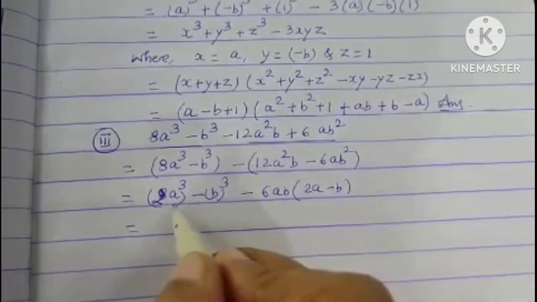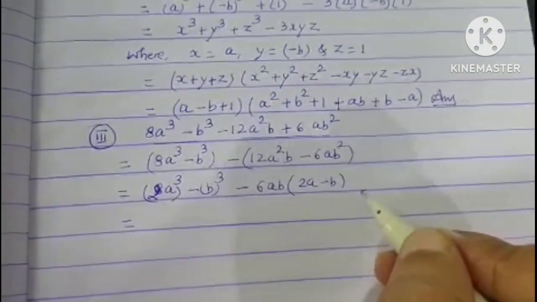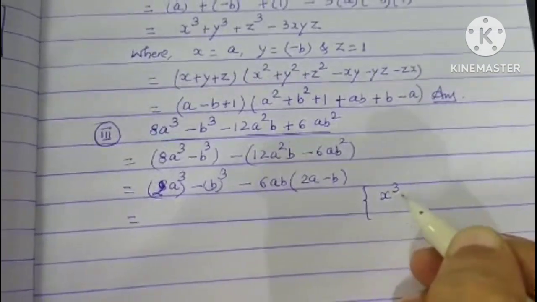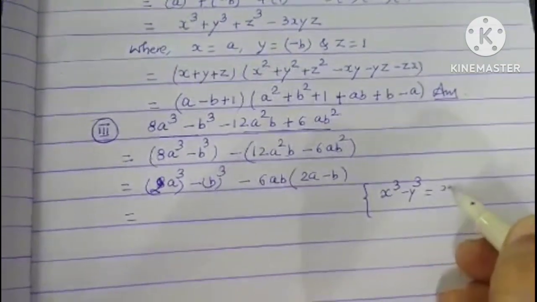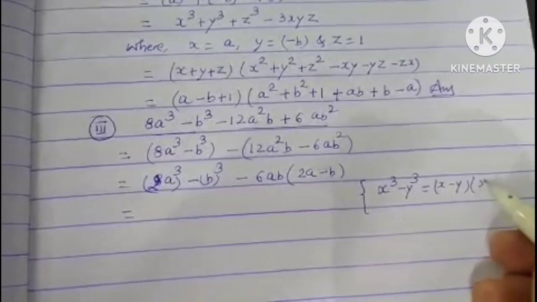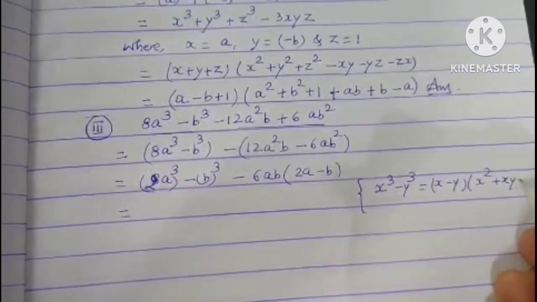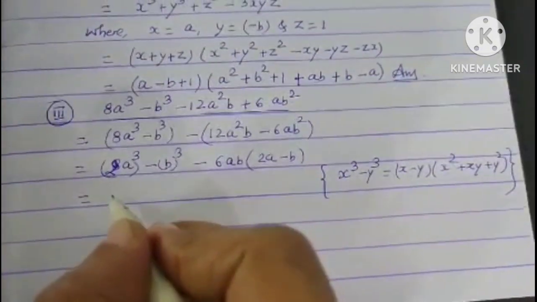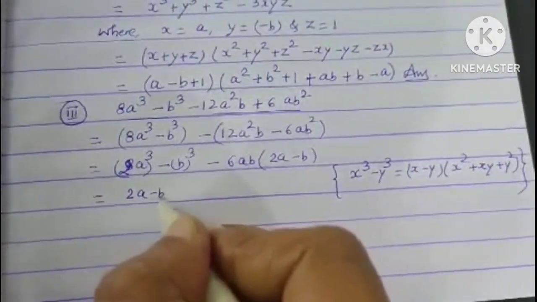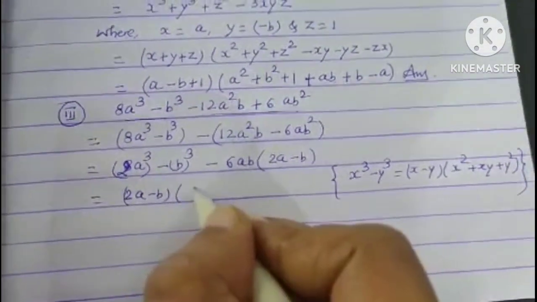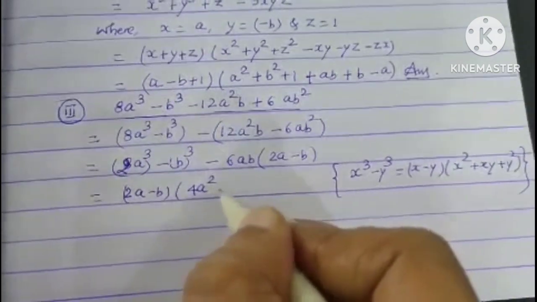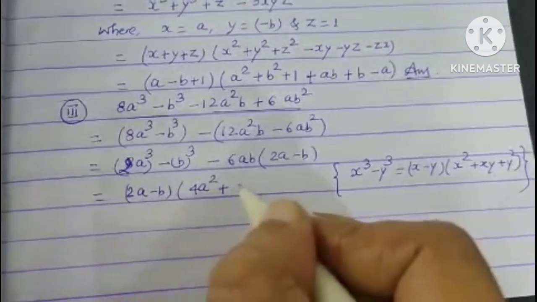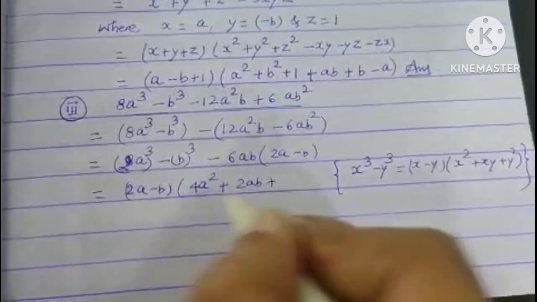Okay, now this x cube minus y cube, we know x cube minus y cube is equal to x minus y into x square plus xy plus y square. This will be the factorized form. Okay, so we will write it like this: 2a minus b and 4a square plus xy means 2ab plus b square.